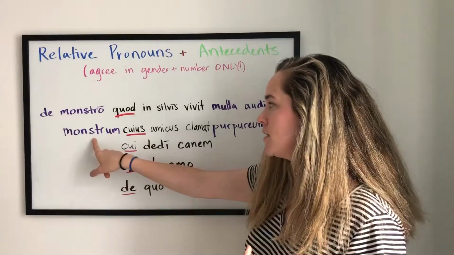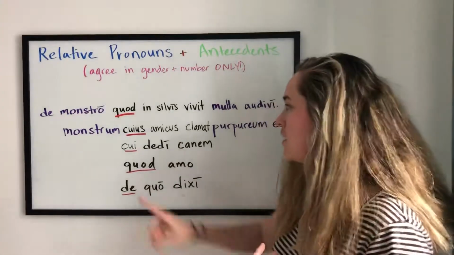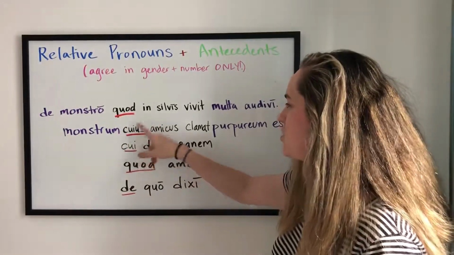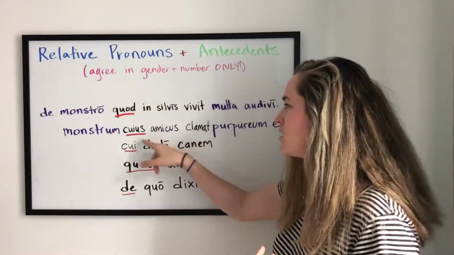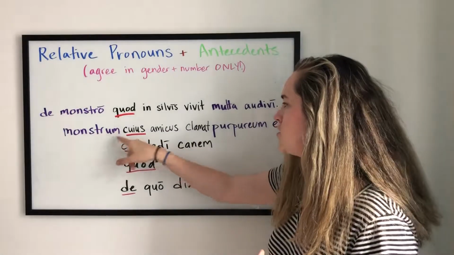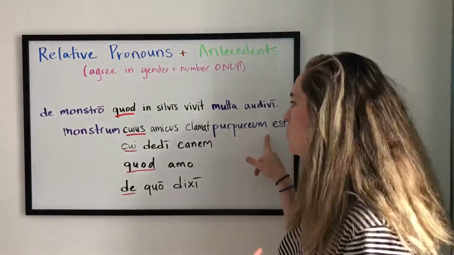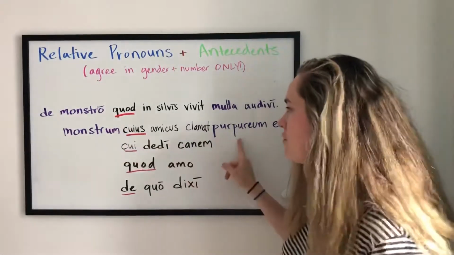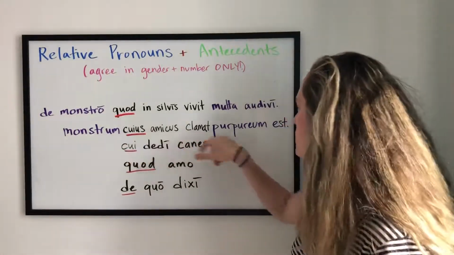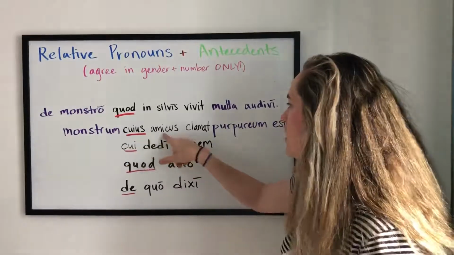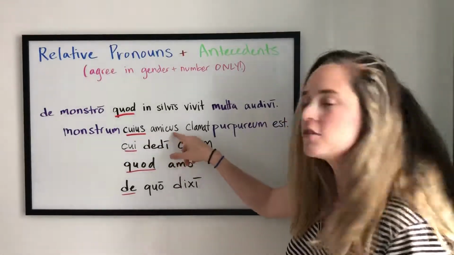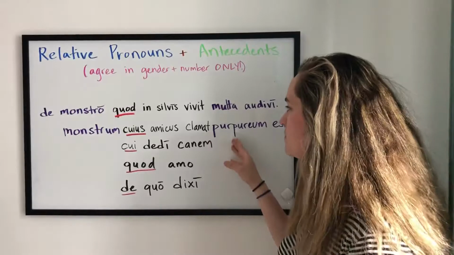So monstrum is singular and neuter, but not genitive. And the reason is that cuius has a genitive role in this relative clause. And this says, the monster whose friend is shouting is purple. Who's purple? The monster, not the friend. And we know that because monstrum and purpureum are agreeing, but amicus, the friend, is in the relative clause.